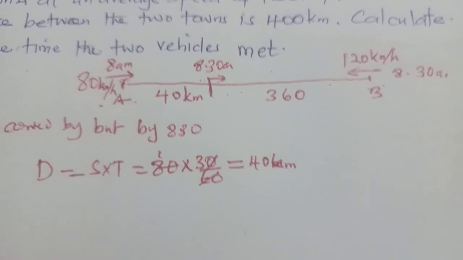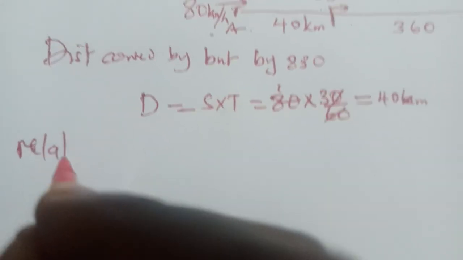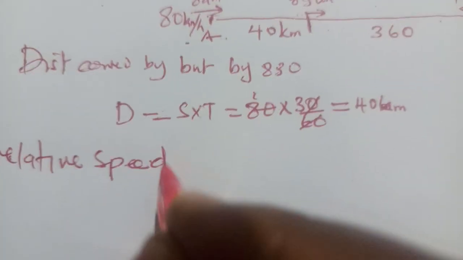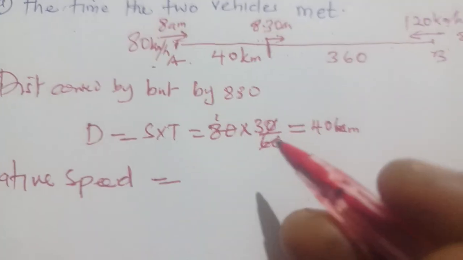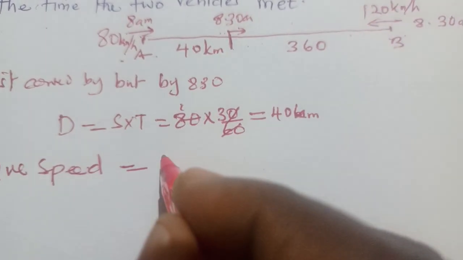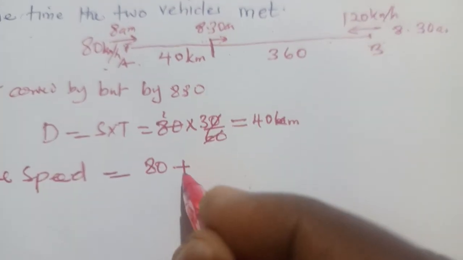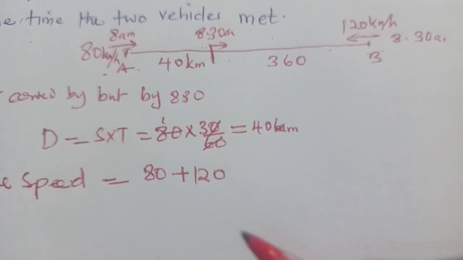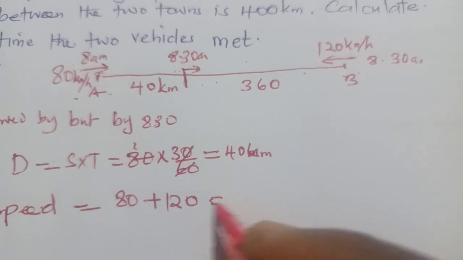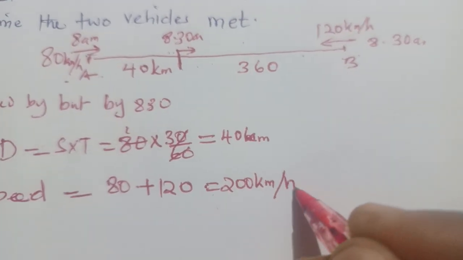So at this stage, we use what we call relative speed. When vehicles are approaching each other, the relative speed is found by addition. So this will be 80 plus 120, 80 being the speed of the bus and 120 being the speed of the car, which is 200 kilometers per hour.